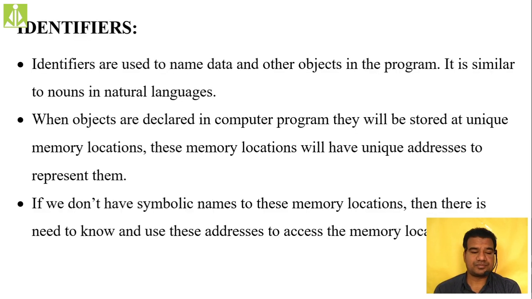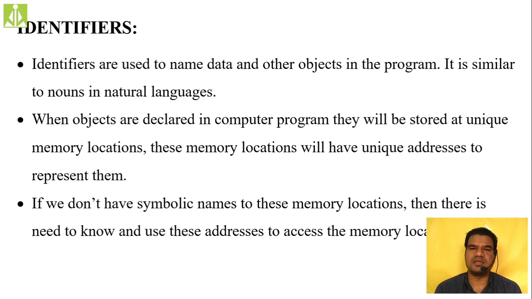Then we discussed the concept of identifiers, and I told you that identifiers are similar to nouns. In natural language, in order to name real world objects, we make use of nouns, isn't it? We name those objects for our identification. In a similar way, in C programming, we need identification of memory locations, because in every program we do four things.